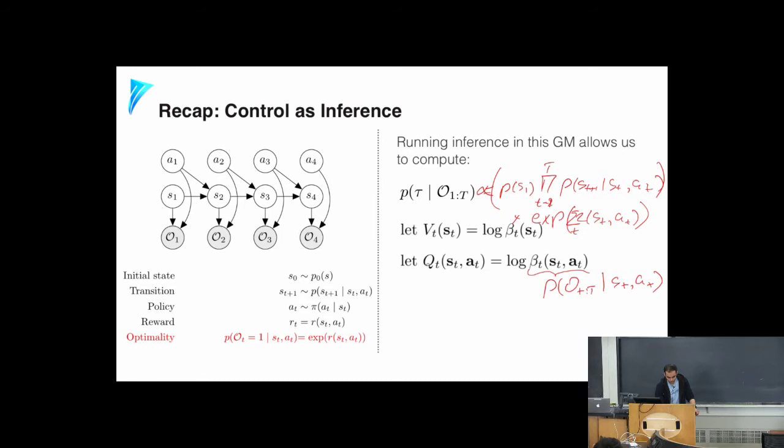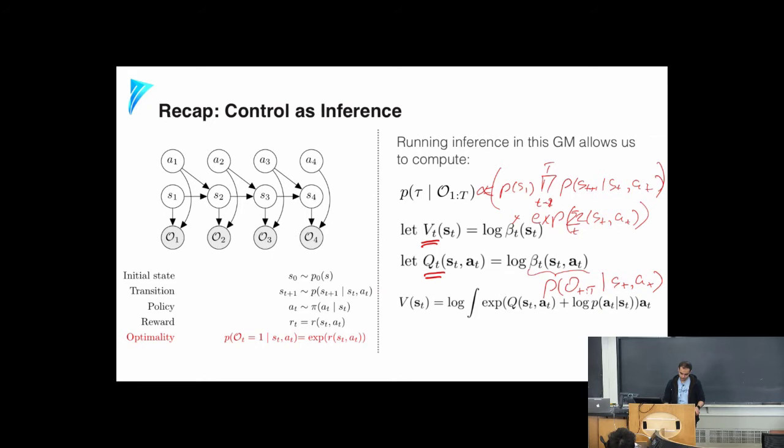The intuition behind it is that this beta message gives us the probability of being optimal if we take an action a_t from the state s_t, which is pretty similar to the intuition of the optimal Q function. The optimal Q function tells us what will be the value that we will get if we keep acting optimally and we select action a_t from the state s_t. So that's why we decided to name the logs of these messages Q and V.